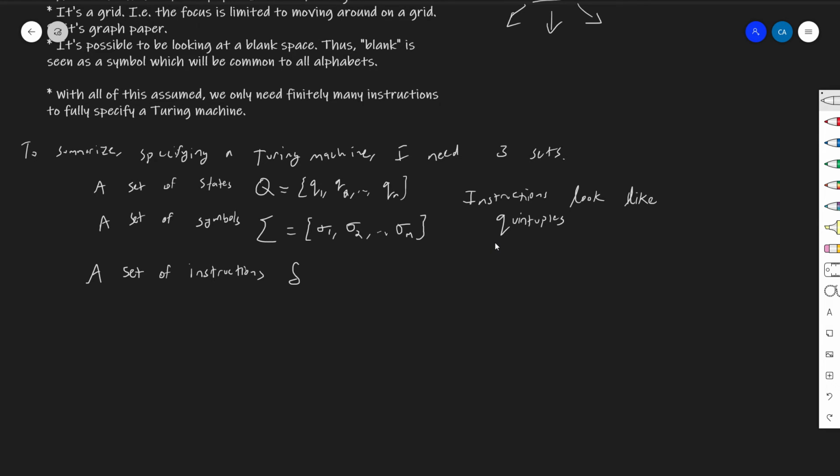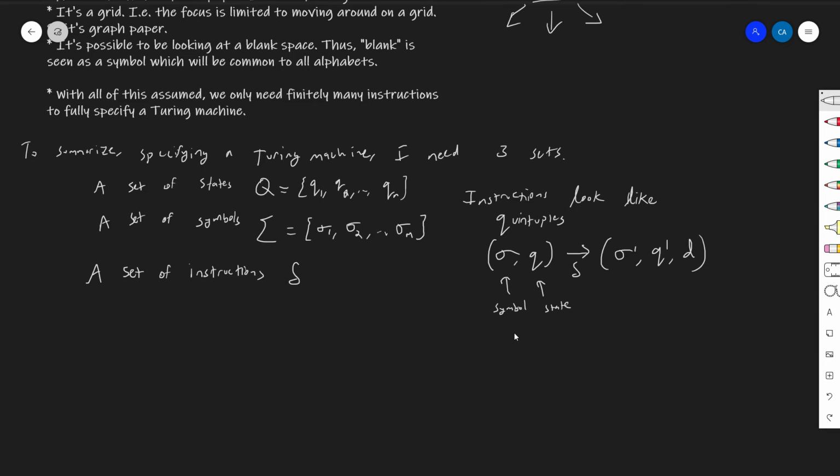So let's see what that looks like. Basically, given a context, which is a symbol sigma and a state q, and these two things together form the context, delta is going to take that context to an action, which is three things: a new symbol, I'll call it sigma prime, a new state, call it q prime, and a direction, call it d.